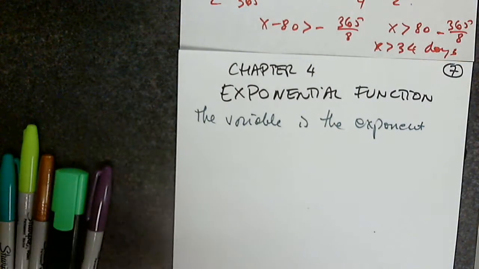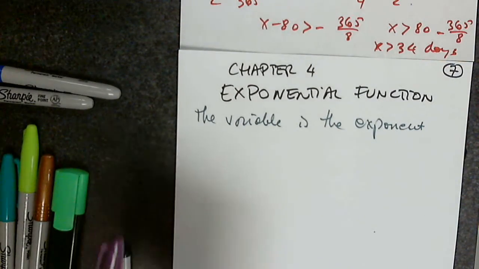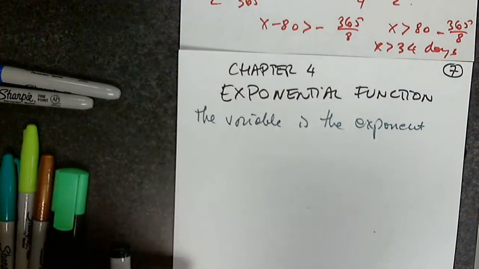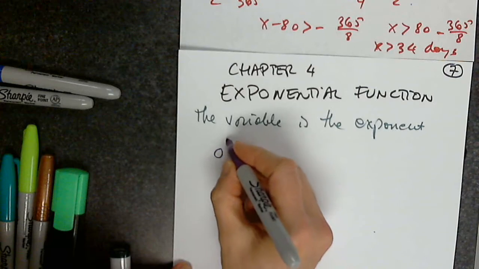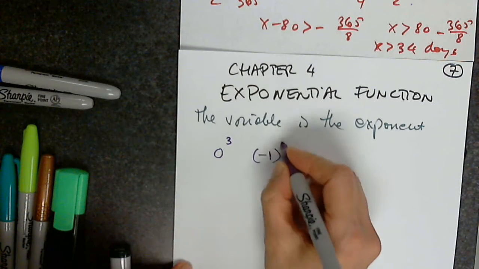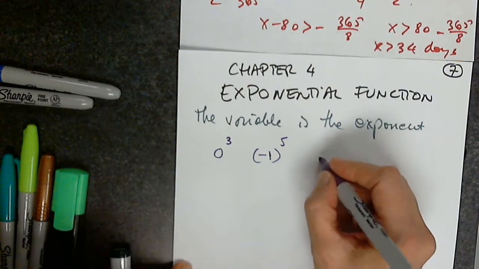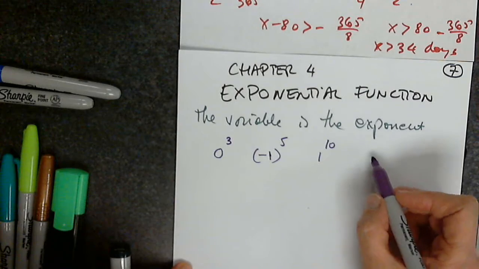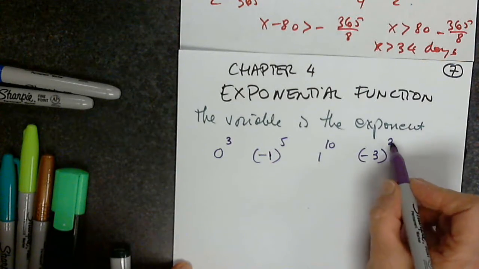Before I explain or show you how it looks and how it's written, I want to ask you a couple of questions. Can I raise 0 to the third power? Can I raise -1 to the fifth power? Can I raise 1 to the 10th power? And can I raise -3 to the second power?